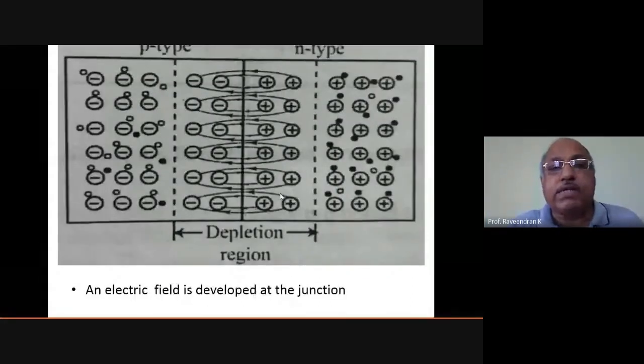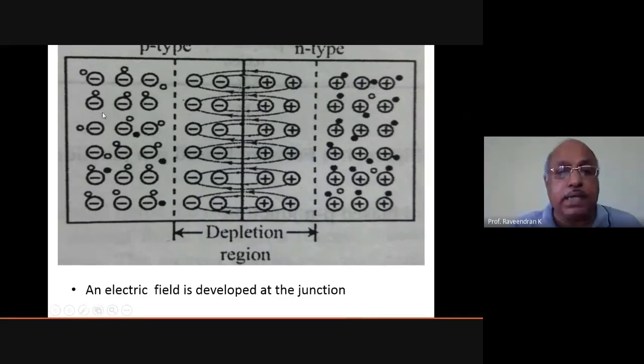Negative charge ions will be recombined with positive charge holes, and here the p-type material having holes will be recombining with electrons, creating positively charged ions in the n-type material and negatively charged ions in the p-type material. So this particular region where this recombination takes place is called the depletion region or space charge region.